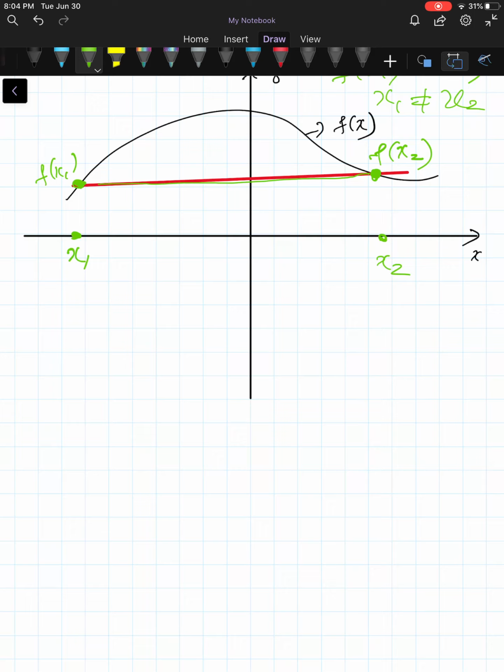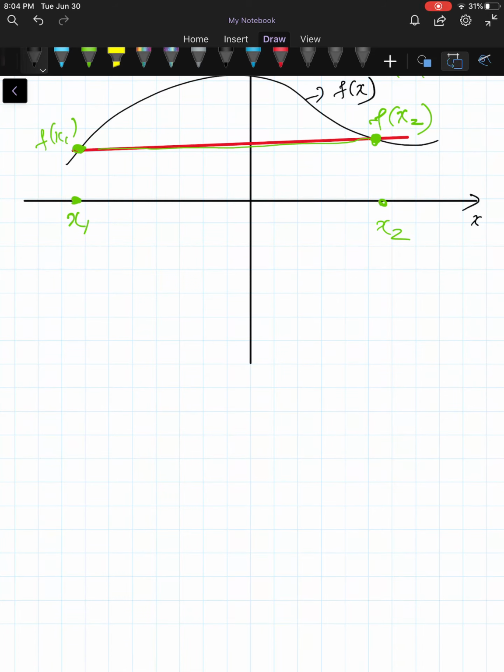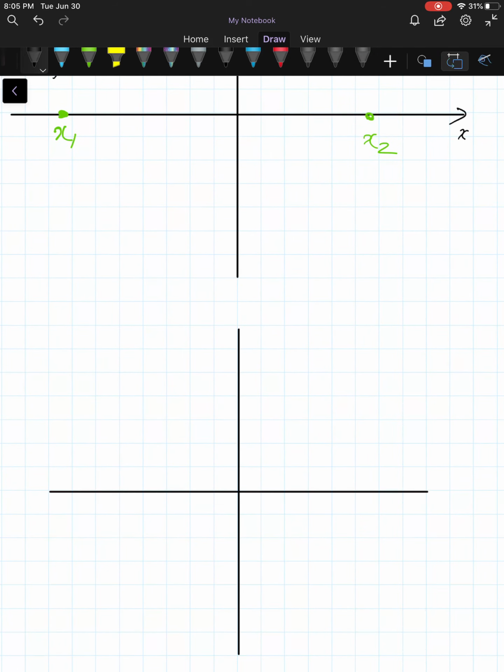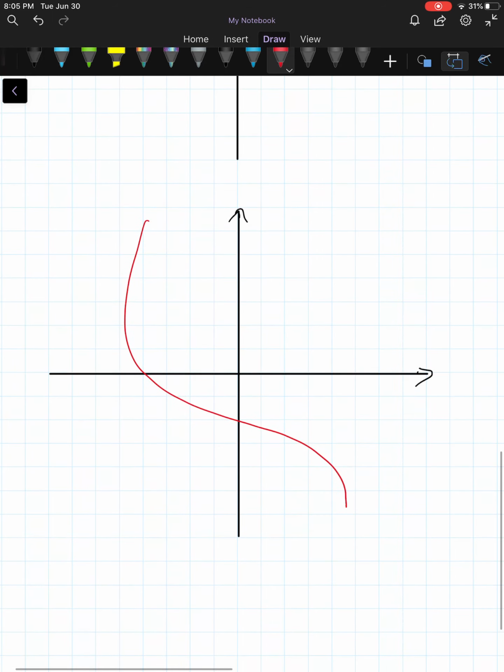First I will do problem number 8, which says that a graph of a function f is given. Determine whether f is one-to-one or not. The graph looks somewhat like this. This is the x axis, this is the y axis and this is the origin.